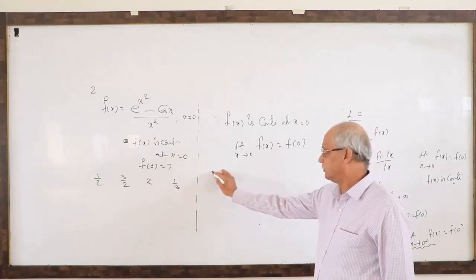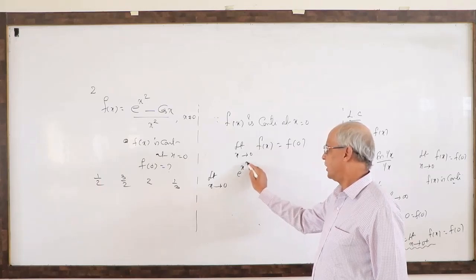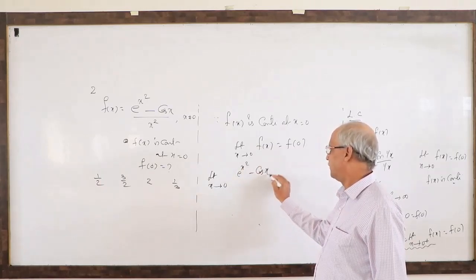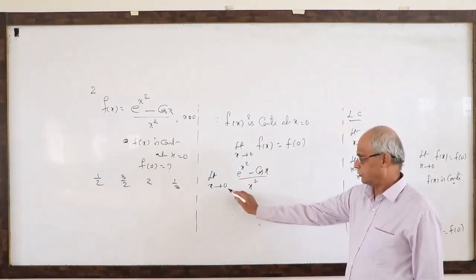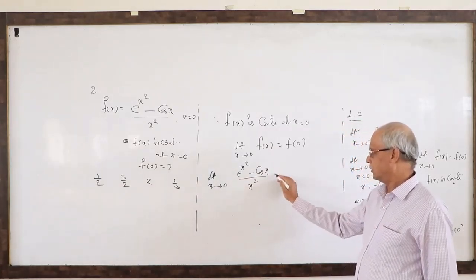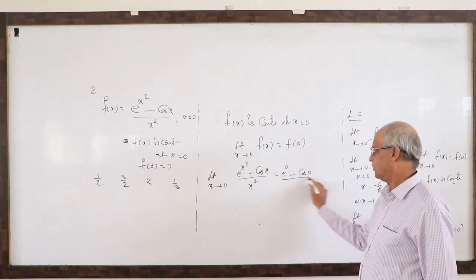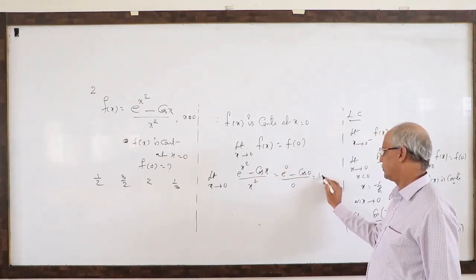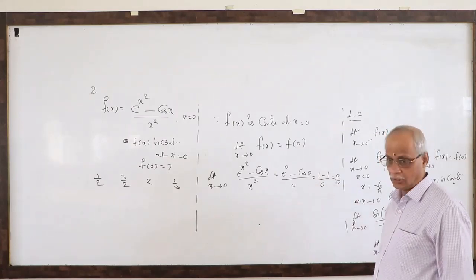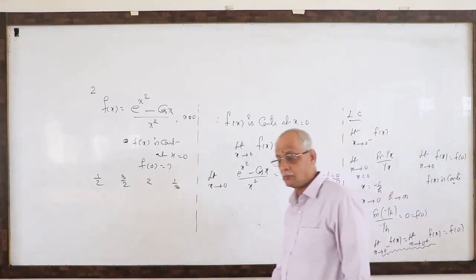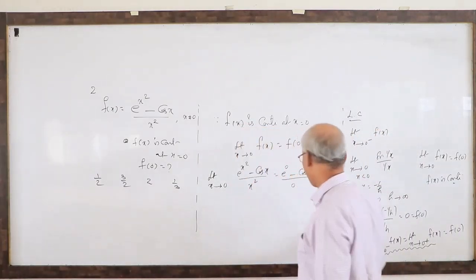Now find out what the function is here. While finding limits, as I told last time, substitute x is 0: e power 0 is 1, cos 0 is 1, so 0 by 0 form, indeterminate form. Apply L'Hospital rule, means differentiation.